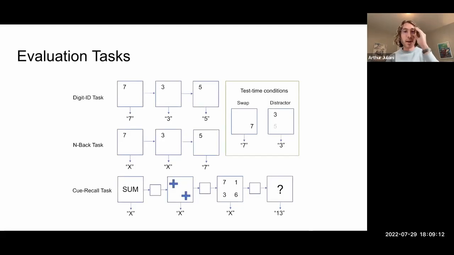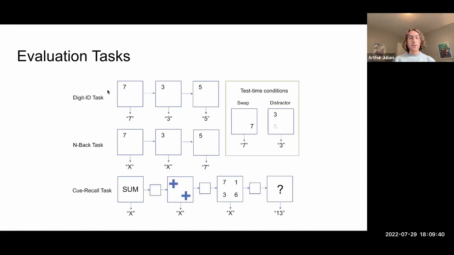Now, rather than identifying dogs, as I said, the tasks are derived from the N-back and the Q recall tasks. So here we have the 3 main paradigms, along with some test time variations to get the 7. The basic idea here is that the digit ID and N-back tasks are both essentially forms of an N-back task, with the digit ID having n set to 0 and the N-back task having n set to 2.